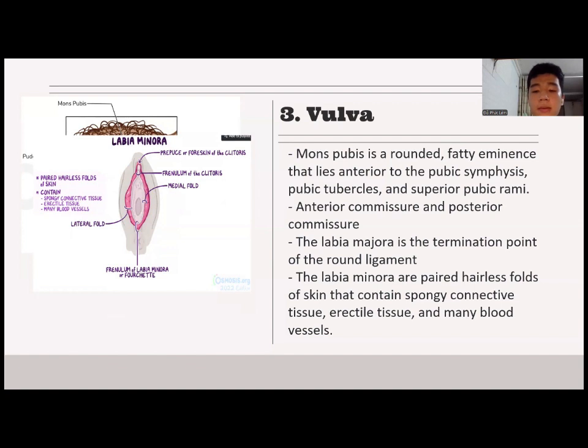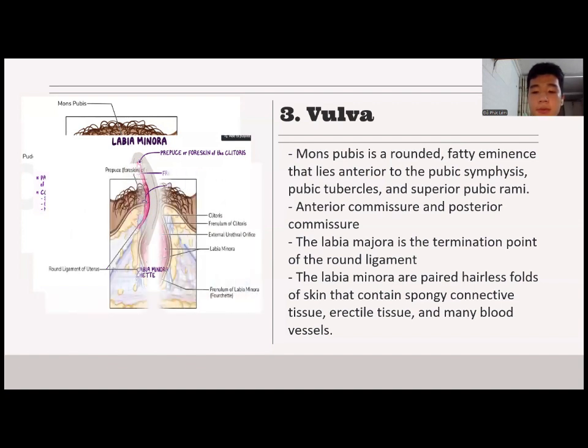Also, the labia majora has the terminal point of the round ligaments of the uterus, which is the embryonic remnant of the gubernaculum in females. The labia majora lie on each side of the central depression called the pudendal cleft, which hosts the labia minora and the vestibule of the vagina.